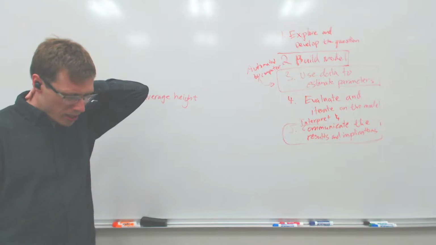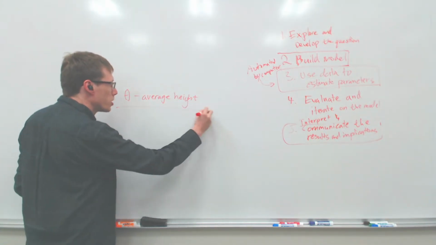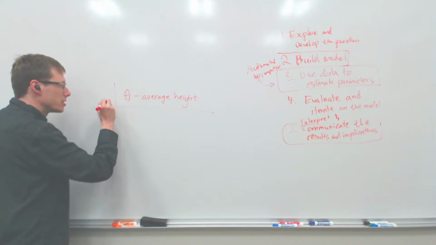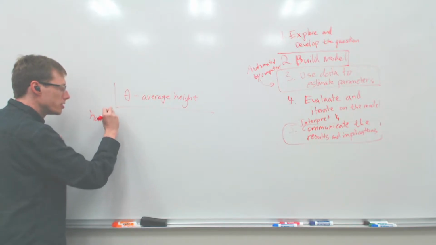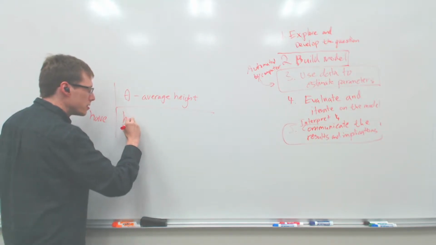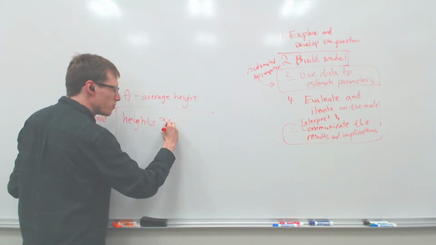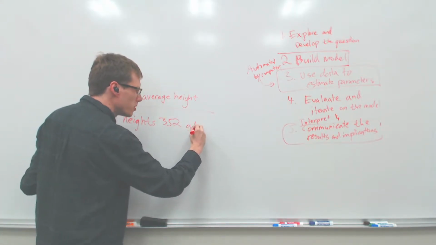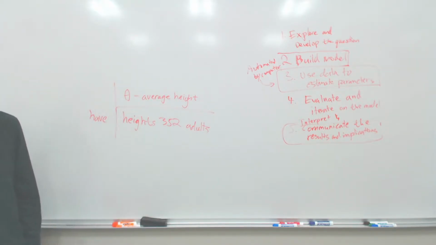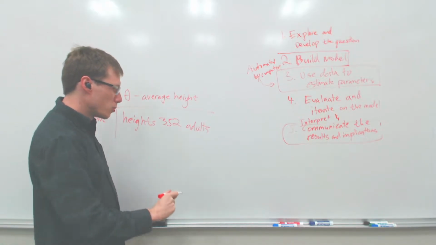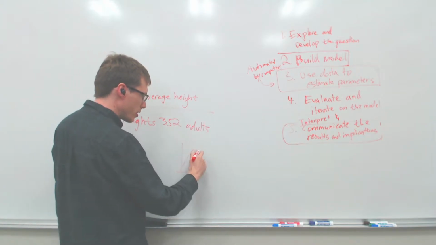All right. Now, how do the two relate, right? This is a parameter we want to know. And what we actually have as far as information is the heights of, I believe, something like 352 adults. Once again, we're going to drop out the children because what I talked about in the last lecture was that one problem is, of course, with the kids, they're shorter and lighter and aren't fully grown yet.